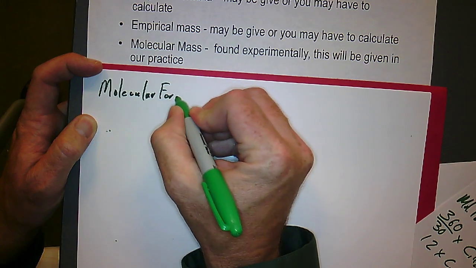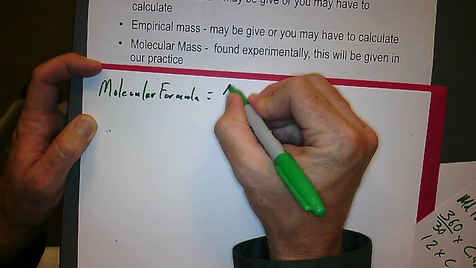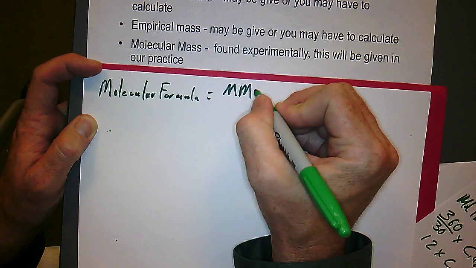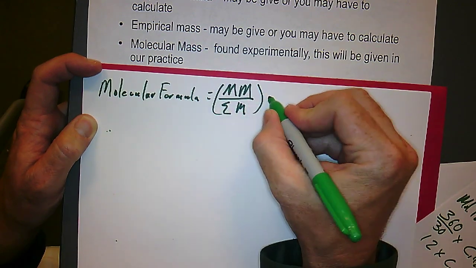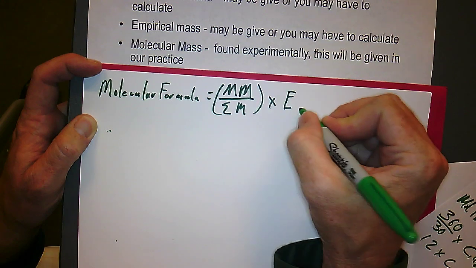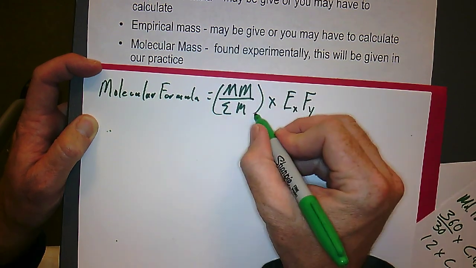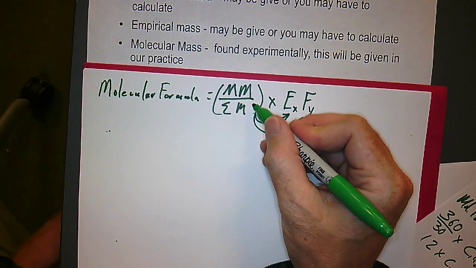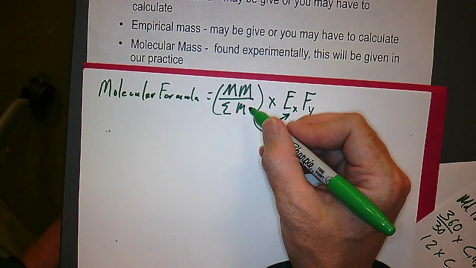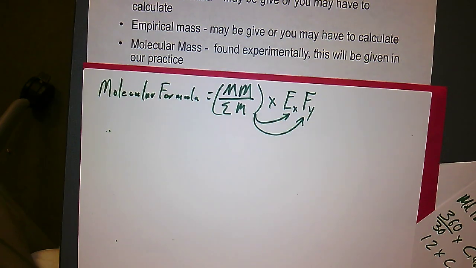Molecular formula is going to equal, all right, you're going to take the molecular mass, all right, over the empirical mass, the answer to that times the subscript of the empirical formula. So whatever you get for an answer here, you multiply here and here. This answer must come out to be a whole number, or really like within a few hundredths of a whole number that we can round to a whole number. All right? If not, we made a mistake somewhere along the lines.